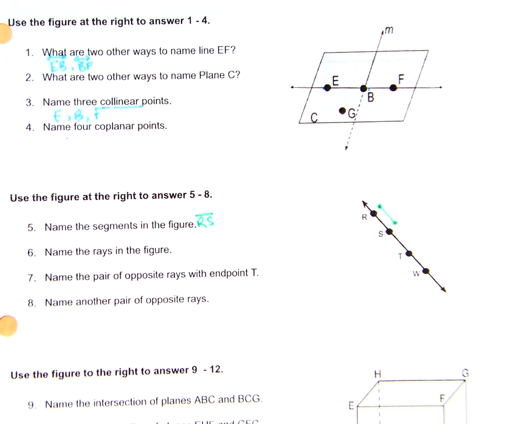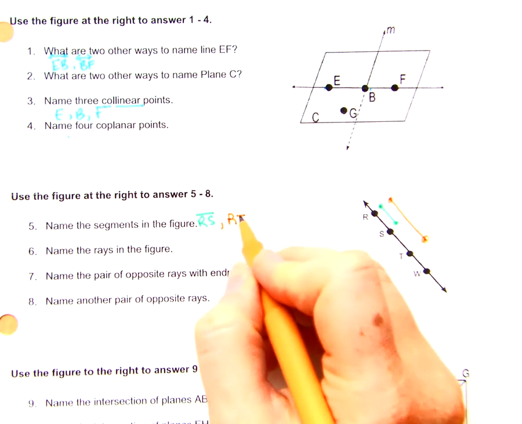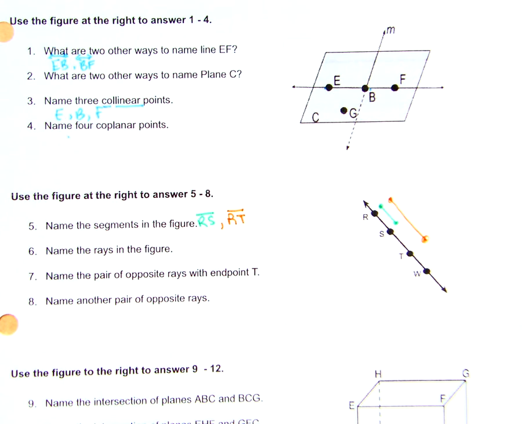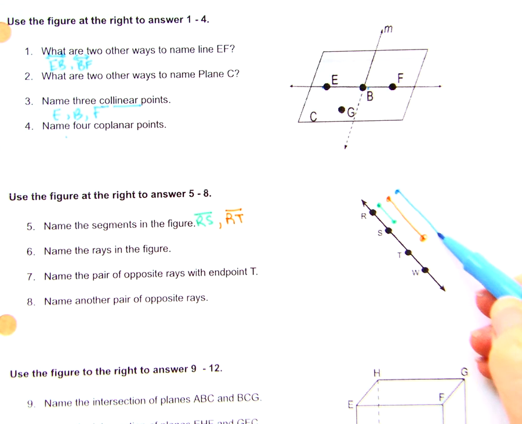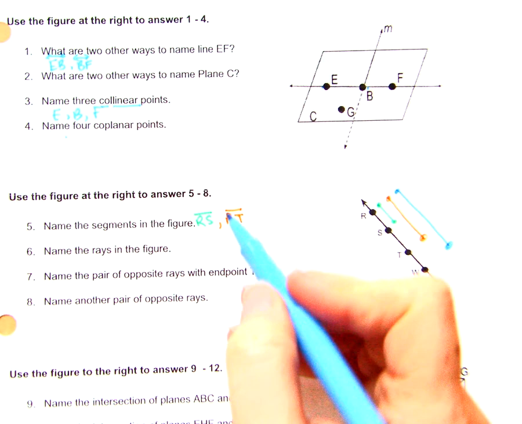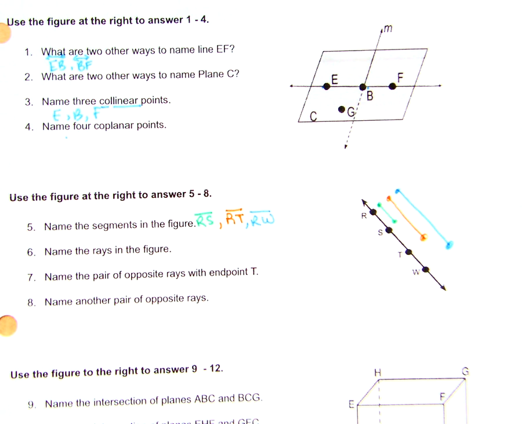And then R to T, right? This segment right here is a different segment. So RT. And then RW is yet another segment because it is another length. These segments are measurable.